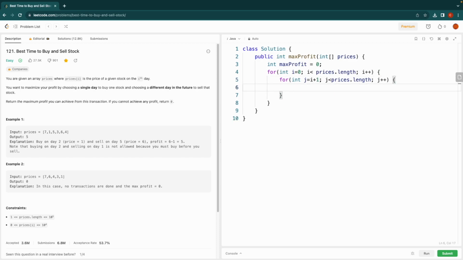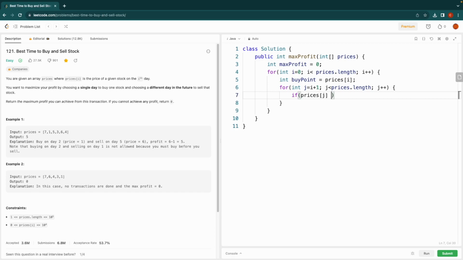What are we doing? Our buy point here is prices of i, and prices of j is our sell point.